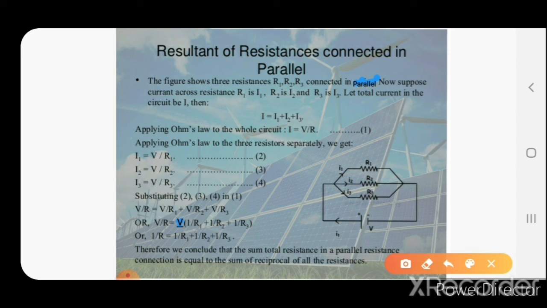The equivalent resistance is less than any individual resistance present in the circuit.